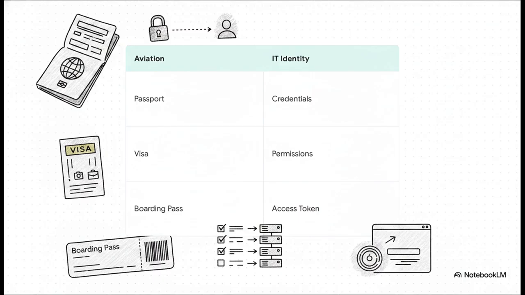Like, are you just a tourist taking photos? Or are you there on a business visa having meetings? In IT, that visa is your permissions, representing authorization. And finally, that boarding pass you hold to actually get on the plane, that is your access token for a valid sign-in session. It really is a perfect way to make these abstract IT concepts instantly tangible and memorable.